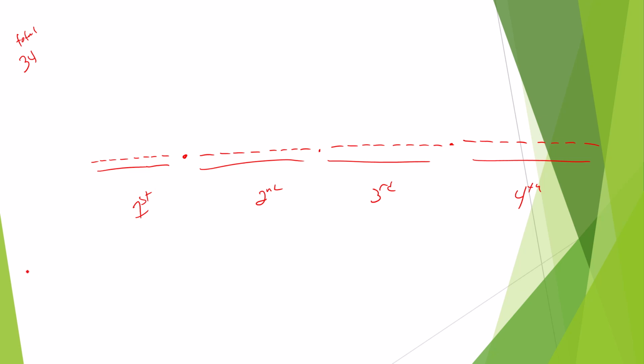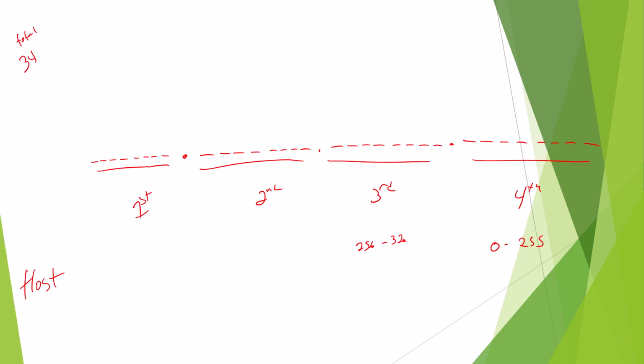If our host count is between 0 and basically 255, it's going to be in the 4th octet. If our host count is between 256 and, you know what? I'm going to give you accurate numbers. Give me 1 second. Alright, so this is between 256 and 32,000.